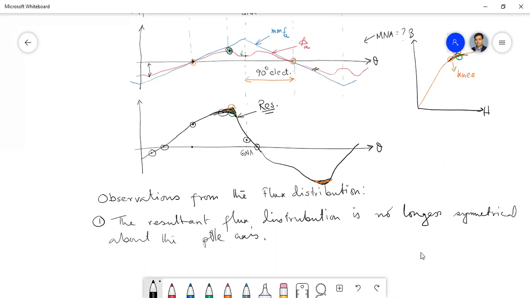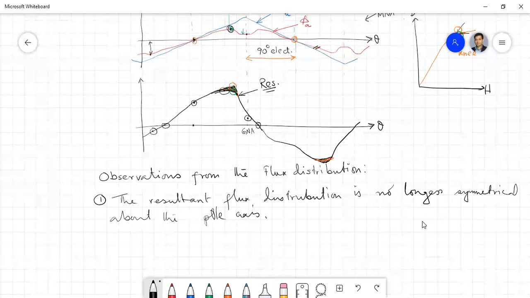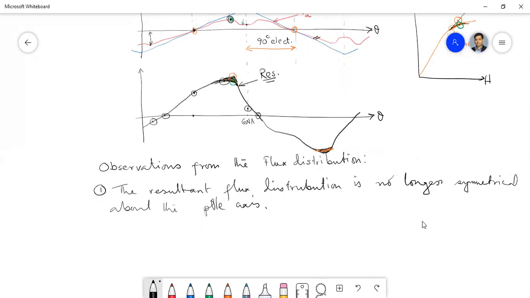Okay, so that is the first observation. Have you understood this point? So you see here it is not at all symmetrically distributed. That is the first point.